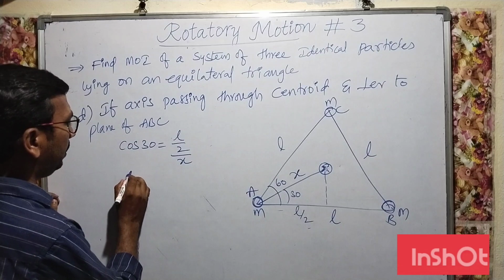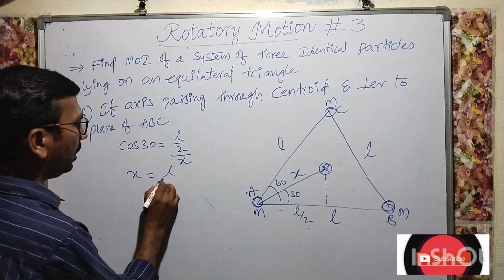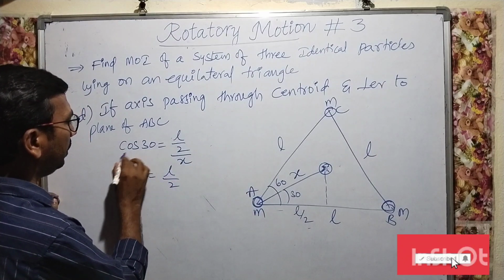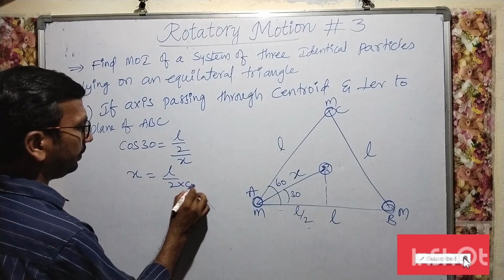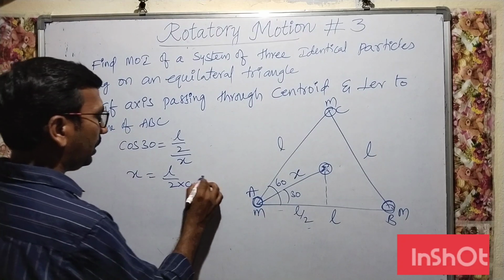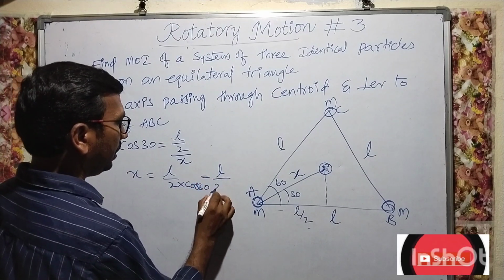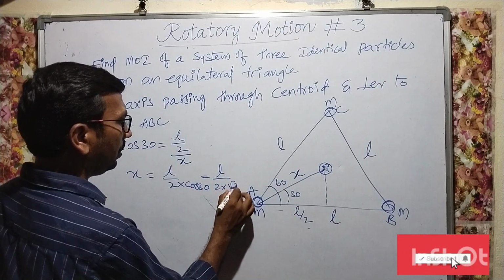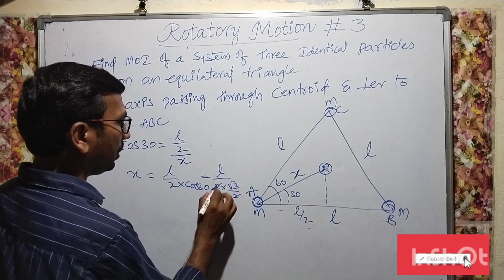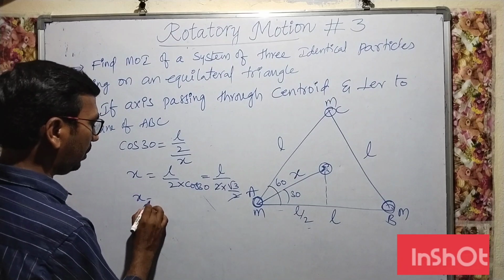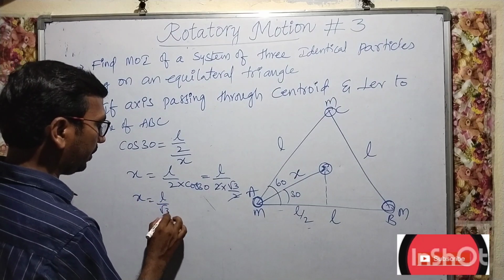I want x, so x is equal to L by 2 cos 30. The value of cos 30 is root 3 by 2, the 2 cancels, so x is equal to L by root 3.